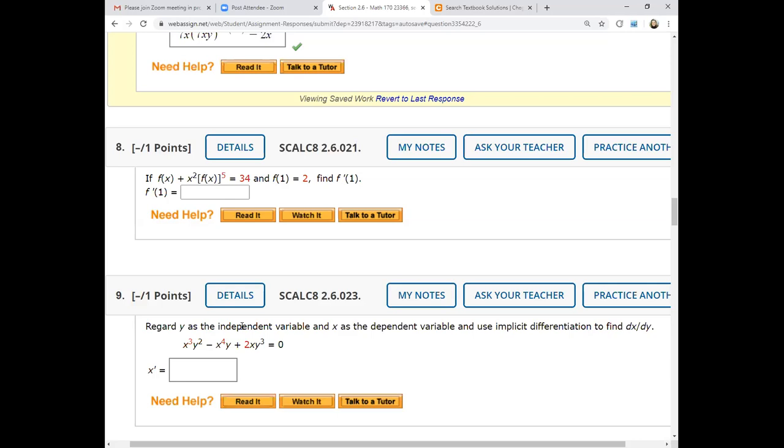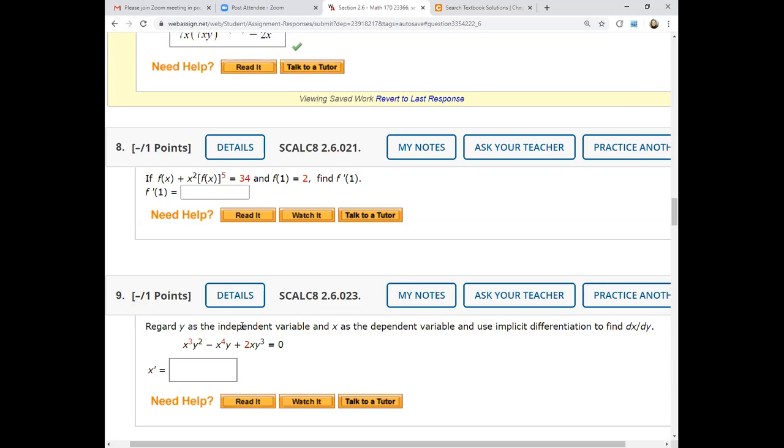So I have 2x times the quantity f of x to the fifth plus 5 times the quantity f of x to the fourth times f prime of x times x squared.